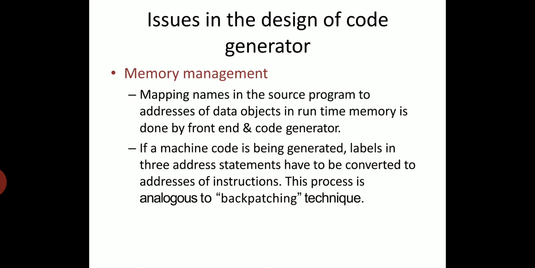The backpatching technique means if we are translating the flow of control statement containing jump statements, that is a go to label like instruction, if that label is coming only as a forward jump, that means the label address is not known at that time. So we can leave the address blank at that time. While we move forward, when we come across that label, we can go back and fill the address. So that is called backpatching.